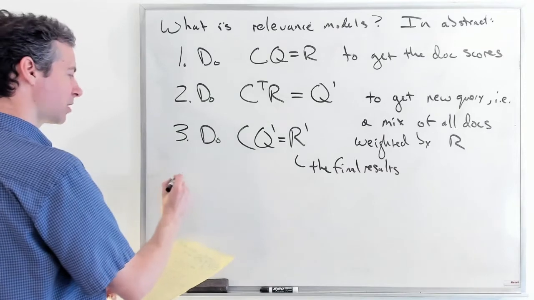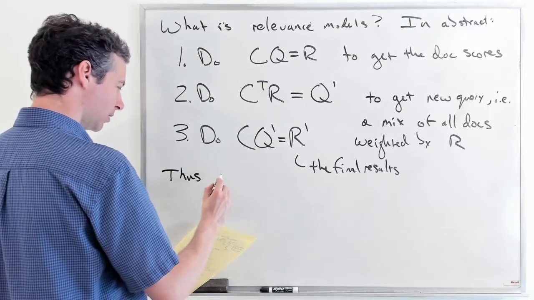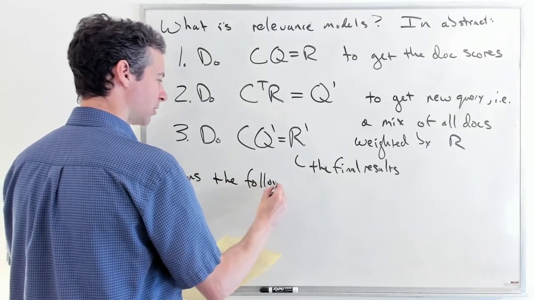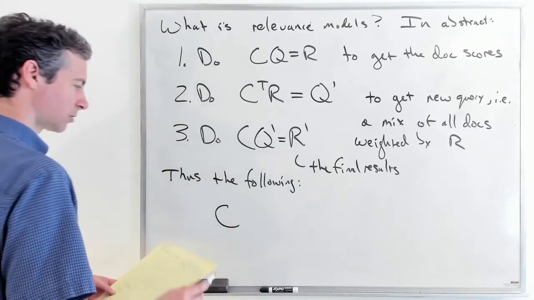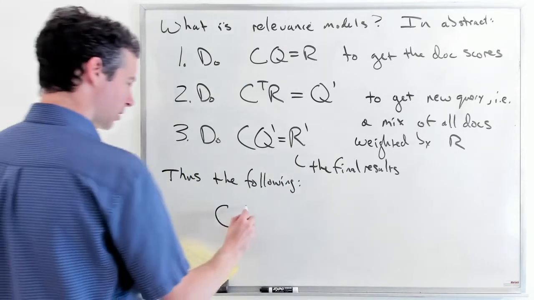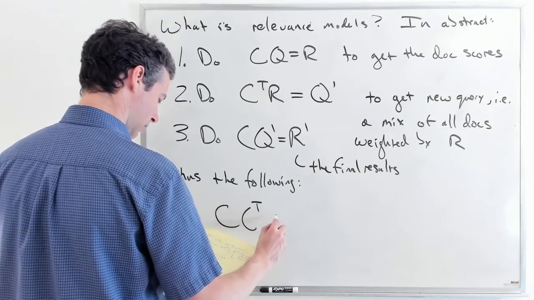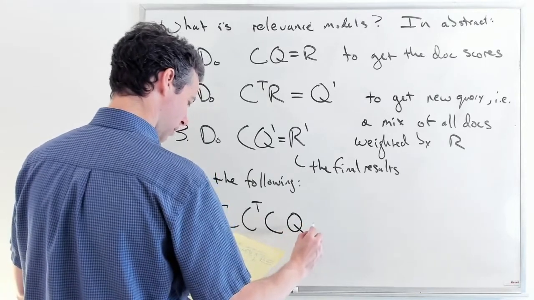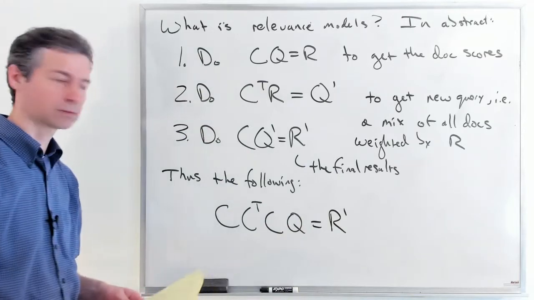So let's put this together. We want to do it in one fell swoop. We can take the following, where we go the original matrix multiplied by its transpose, multiplied by itself, by the query, is equal to those results.